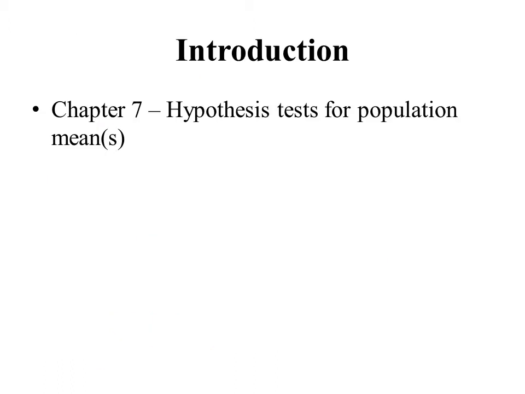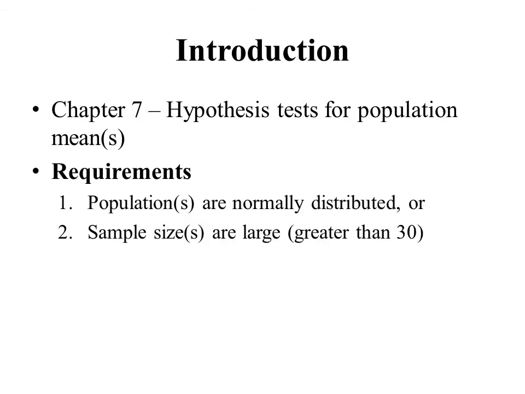To start off, let's briefly review what we talked about in Chapter 7. In Chapter 7, we talked about a whole bunch of different hypothesis tests, and we had several that dealt with tests about a population mean, such as the t-test, the two-sample t-test, the paired t-test, or ANOVA.